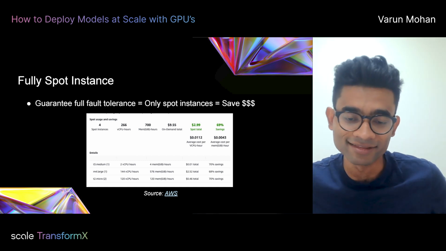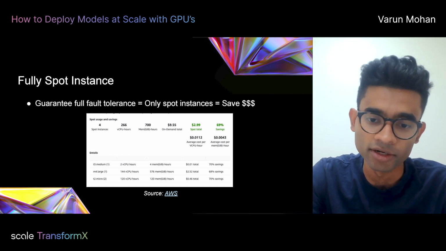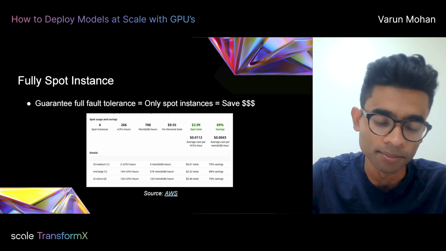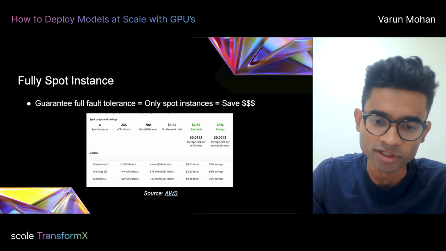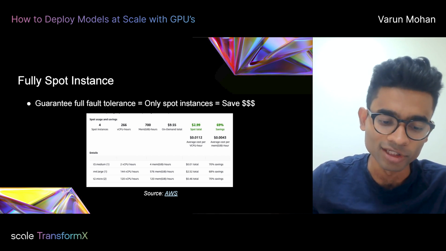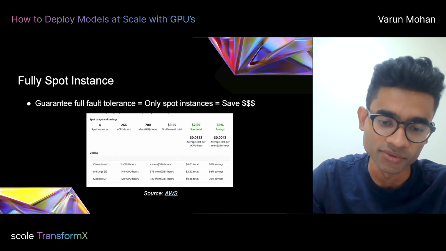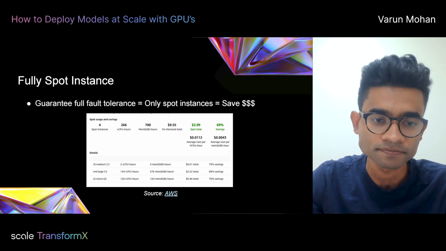And architecting the system in such a way where you can get that fault tolerance is maybe challenging depending on how you implement your solution. The trade-off is you get to run on Spot, but you need to figure out ways that even if the remote machine dies, you can continue operations.